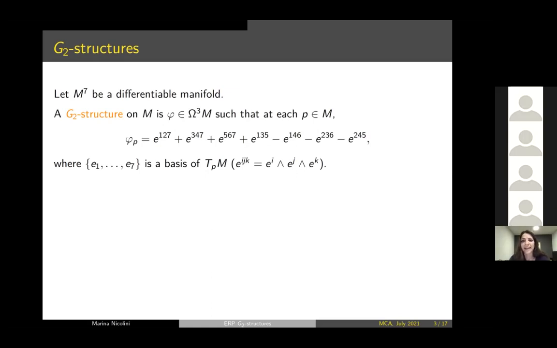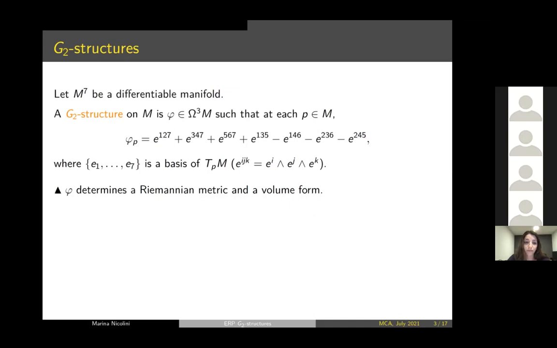Okay, so I said the name positive, which is a really nice name, but this definition is not that nice. The thing is that the name positive is because every G2 structure uniquely determines a Riemannian metric and a volume form.